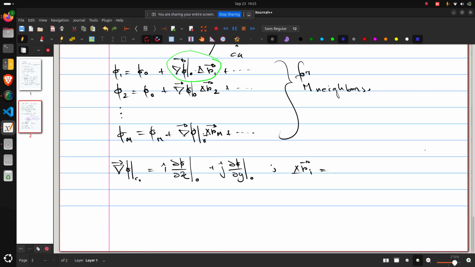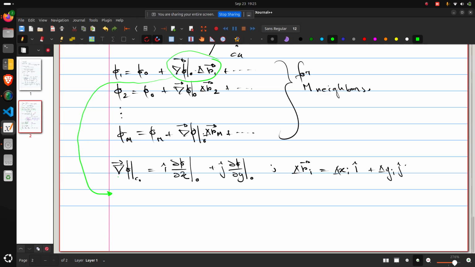Now that we have these terms, let us write delta xi i cap plus delta yi j cap here. So, what will this term be? This is nothing but a dot product, right. So, i cap gets multiplied with i cap, j cap with j cap. What do we have finally?